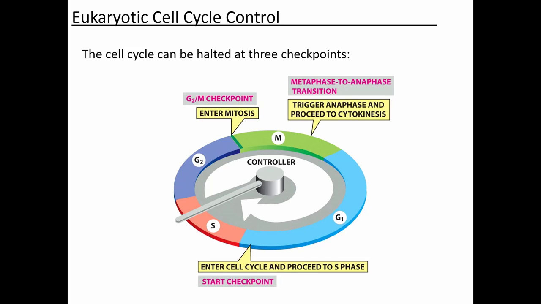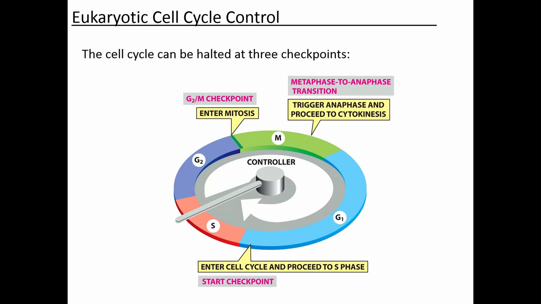And essentially what's happening at the checkpoints is the cell is asking certain questions, and if the answer to those questions are yes, then the cell is going to push on to the next part of the cell cycle. But if the answer is no, then the cell is going to halt and wait until that condition is met.